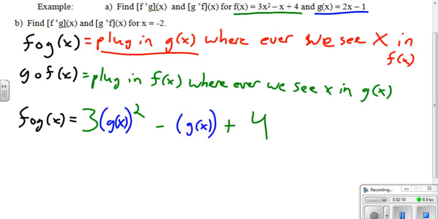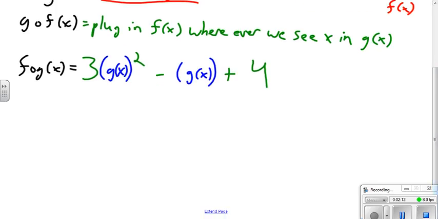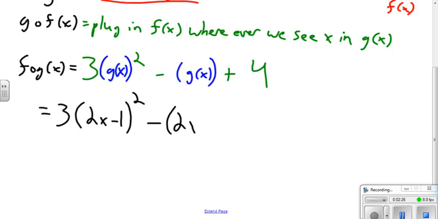So what that actually ends up looking like is 3 times the amount 2x minus 1 squared, minus 2x minus 1, plus 4.